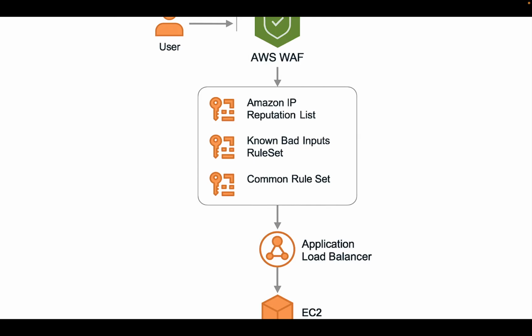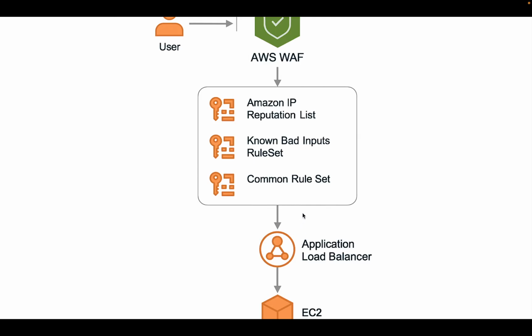But I have my instance already running. What I will be doing is creating a load balancer with a target group, and then we are going to create a WAF. We're going to set the WAF in front of our load balancer. Are we happy so far?